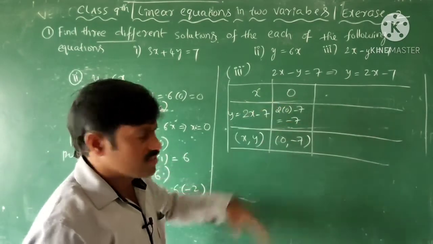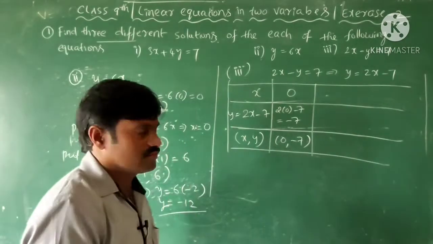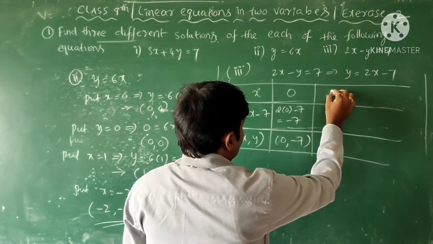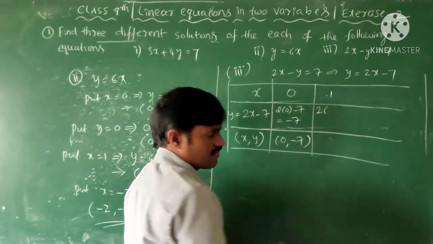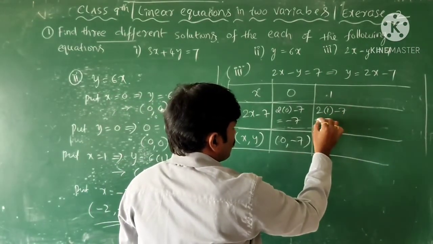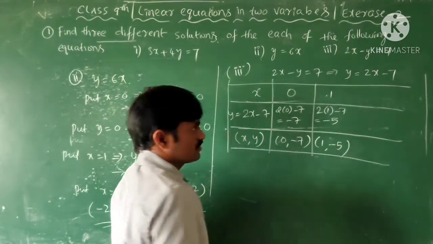Now here you take different solutions. Instead of y value 0, always try to take an x value. Then if you take x value 1, then 2 into 1 minus 7. 2 ones are 2, minus 7, that is minus 5. So 1 comma minus 5.